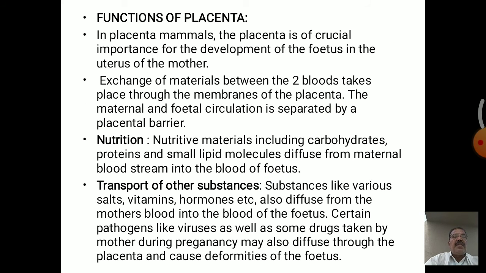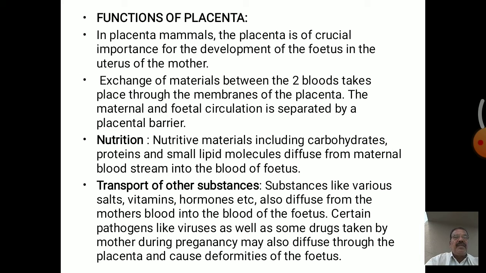Next one now, functions of placenta. In placental mammals, the placenta is of crucial importance for the development of fetus in the uterus of mother. Exchange of materials between the two bloods takes place through the membranes of the placenta. The maternal and fetal circulation is separated by a placental barrier.